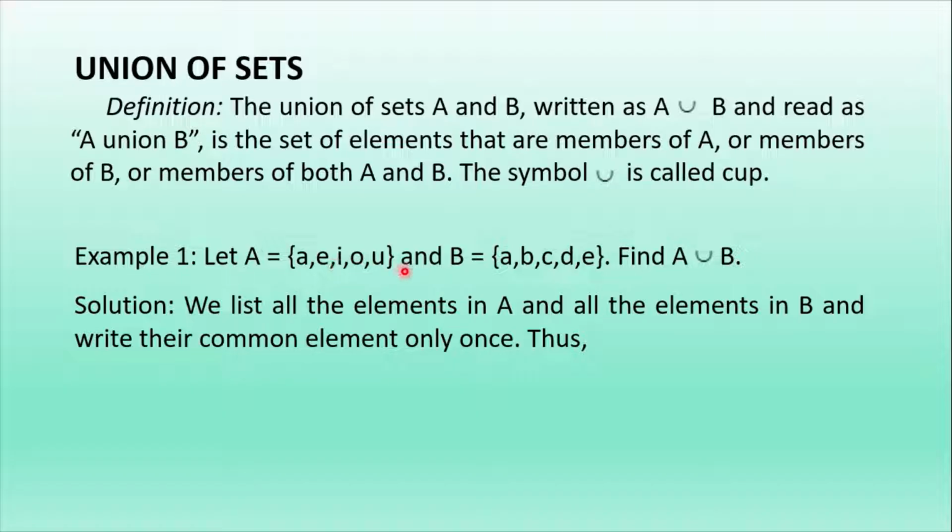Okay, we have I, O, U, and B, C, D. So the elements of the union of A and B are A, B, C, D, E, I, O, U. So mapapansin ninyo, pinag-combine lang natin lahat ng elements at yung magkapareho, we just write it once, yung A and E. So yan yung union of sets.